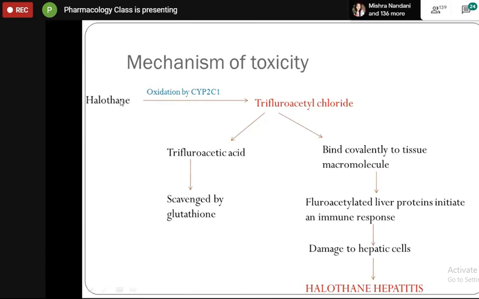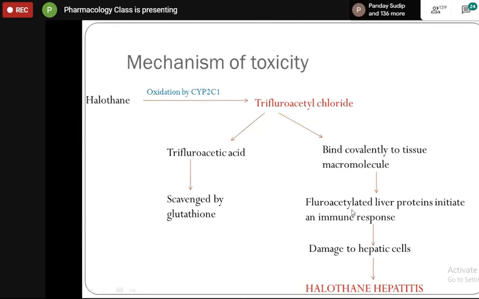With the metabolism of halothane, they produce a compound called trifluoroacetyl chloride. It can get scavenged by glutathione, but in some susceptible or hypersensitive individuals, it can bind covalently to the tissue macromolecule. Tissue macromolecule here means your liver proteins. So binding of this trifluoroacetyl chloride with the liver proteins produces a compound known as fluoroacetylated liver proteins.